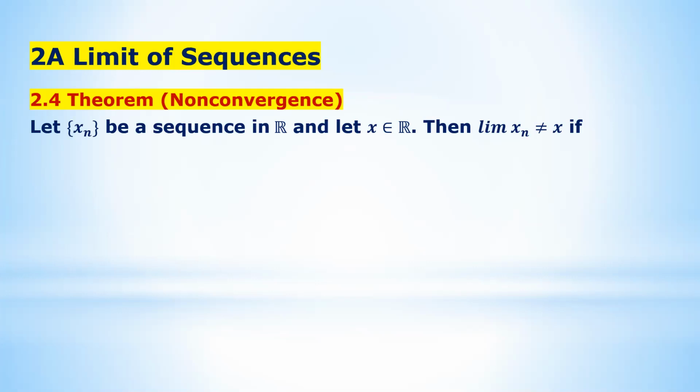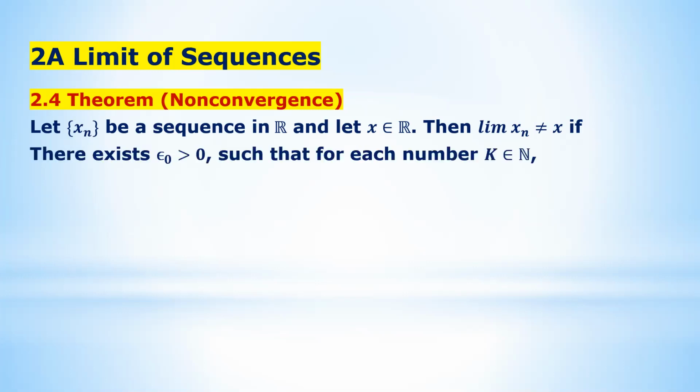The limit of xn equal to x has a definition, and this is the negation of that definition. In Math 415, we learned how to negate things, the universal quantifier and also the existential quantifier. We know how to do that. If you do this, you will get the result.